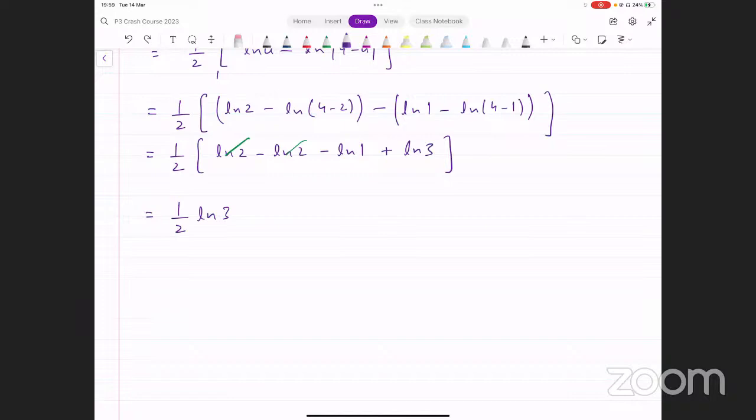Now let's take another example. Sometimes the limits end up being slightly confusing. Let's take an example on that here. Let me see if I can find an example like this.